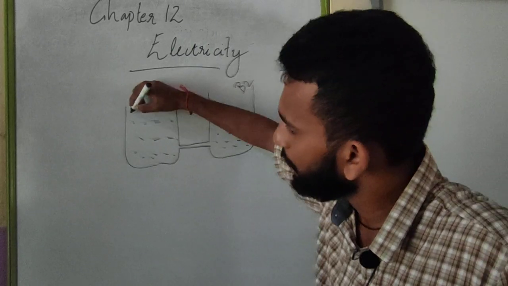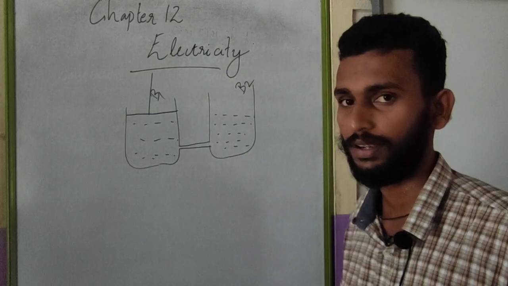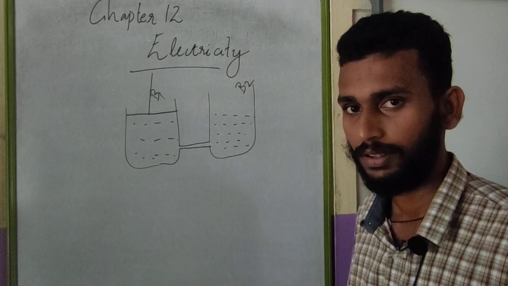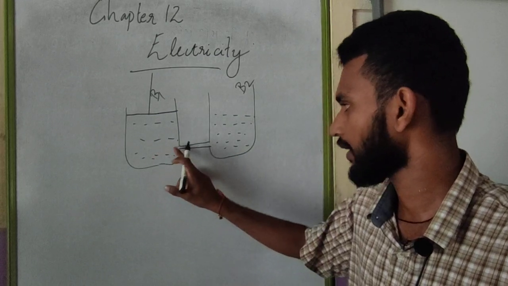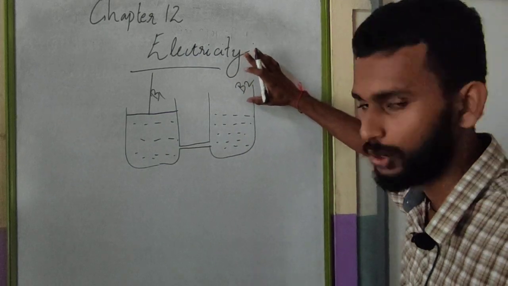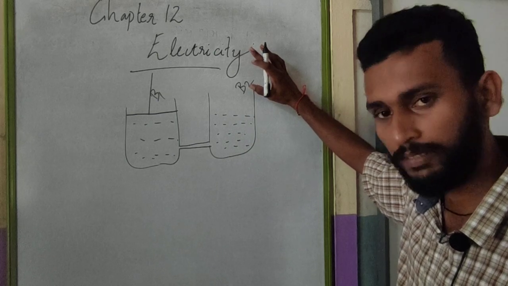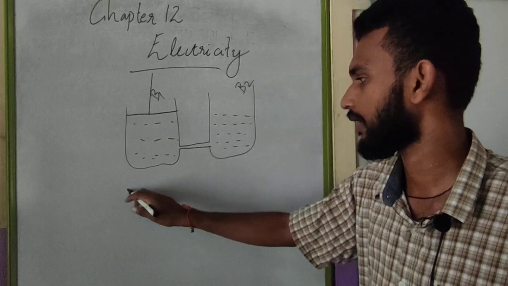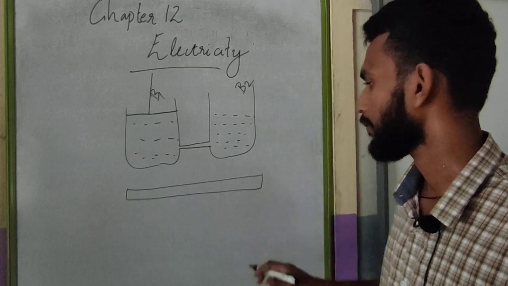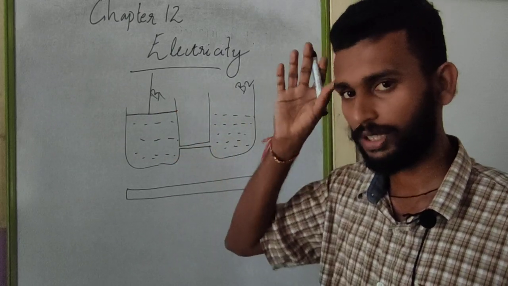Suppose with the help of a piston we apply some pressure over here, then what will happen? The water will start flowing from B1 to B2, and the level of water in beaker B2 will increase. Am I right? The same way in the case of a conductor, the height of the water we can compare with the potential.